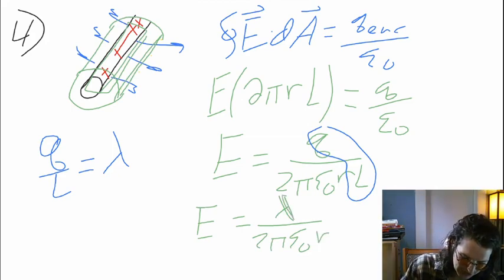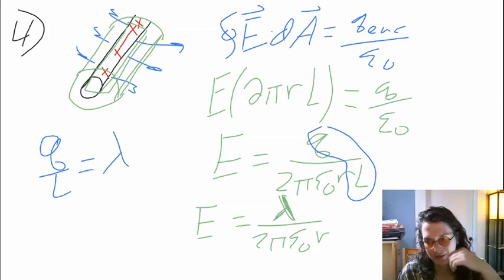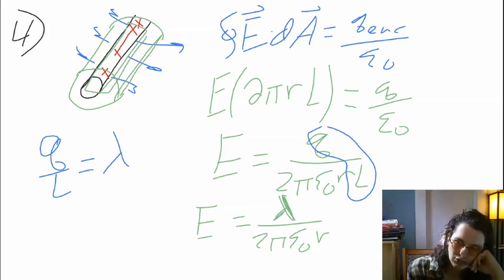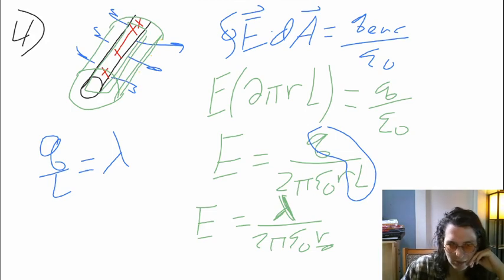So this equation lets us take a charge per unit length lambda, or linear charge density, and a distance from something that has linear charge density, and just calculate the electric field. Notice it'll fall off like 1 over r, and great, we now have an equation to work with.